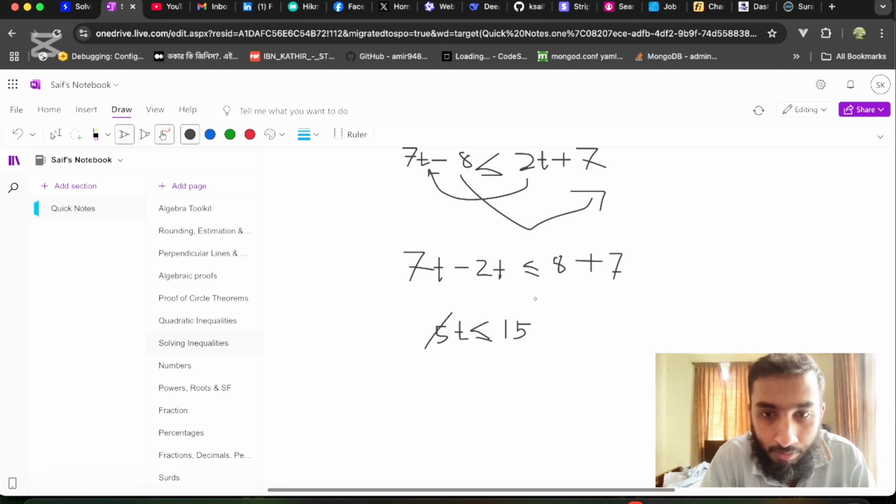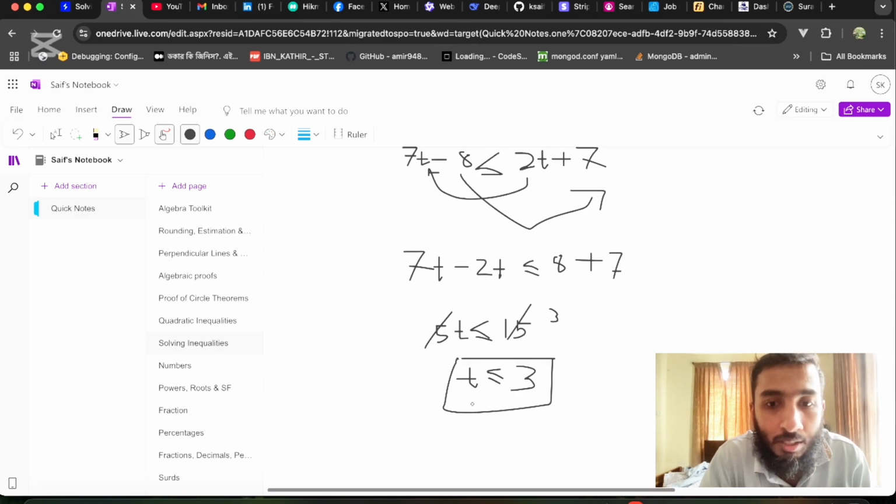So 5 and 15 can be cut off. 5 times 3 is 15. So t is less than or equal to 3. This is the simplified inequality where t is the unknown variable.